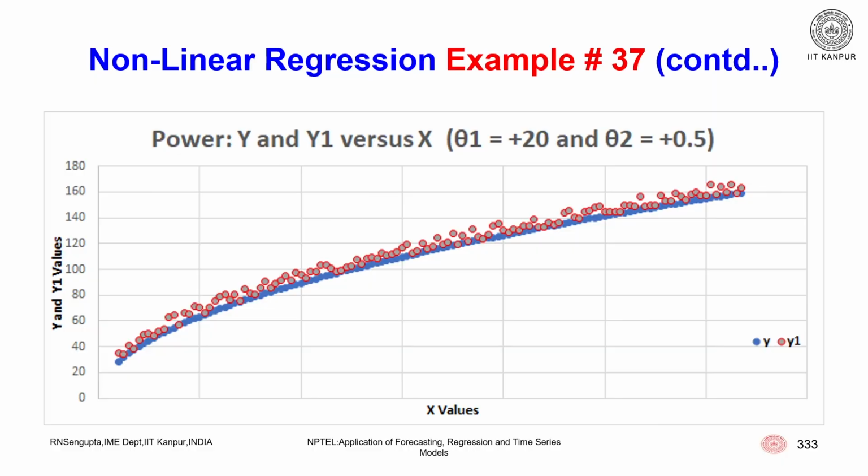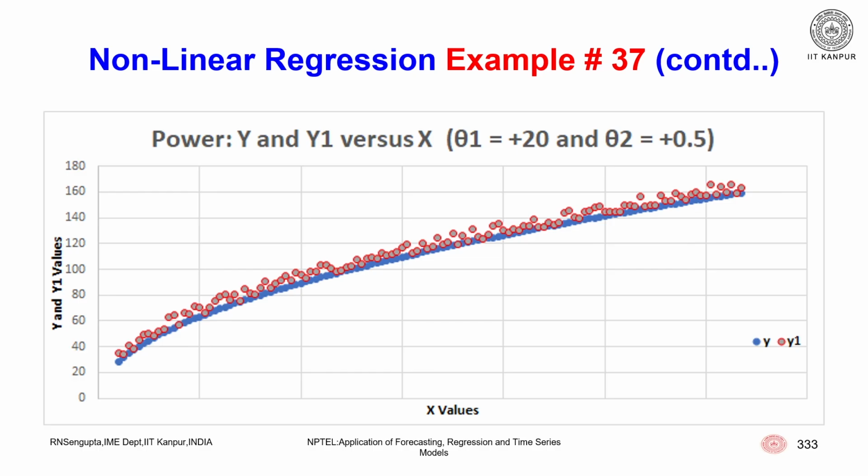I have taken 124 data points for x, similarly plotted 124 data points for y, and have the errors for 124 data points. Based on the best fit line, which is y added with the error, because the error can be positive and negative, you have the actual data y 1. Then we plot y and y 1 with respect to x, which is shown here in the PPT slides.